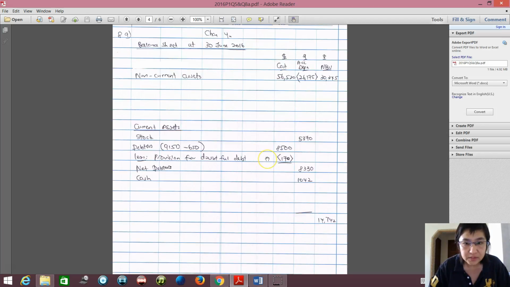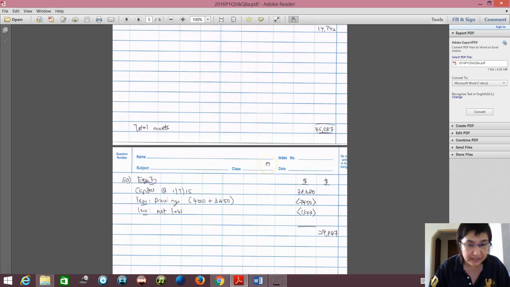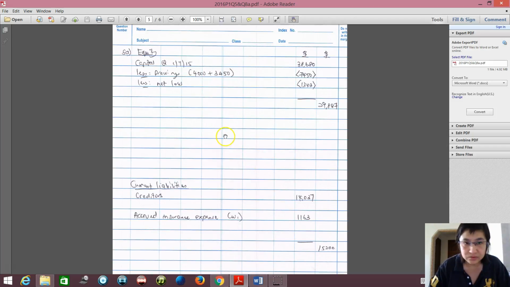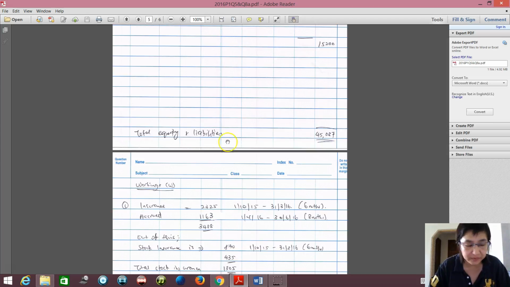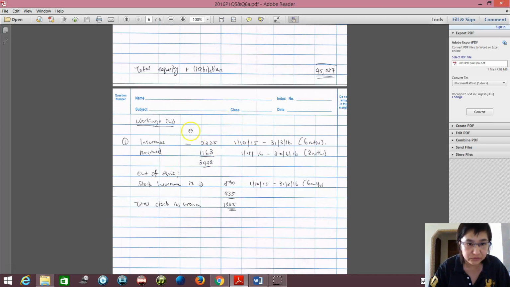So I will show you, because I don't try to do all my workings mentally unless it is so simple. For more complicated workings, I'll do them in the workings page. The total insurance as stated in the trial balance is 2325. Additional information number 6 says that this is for the period 1/10/15 to 31/3/16, which is 6 months.